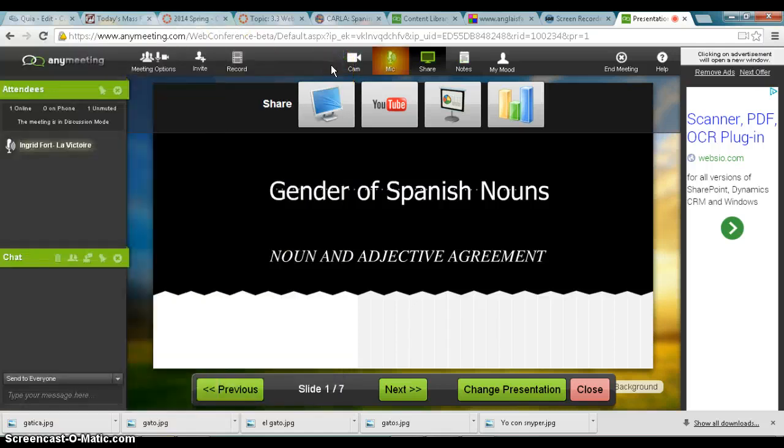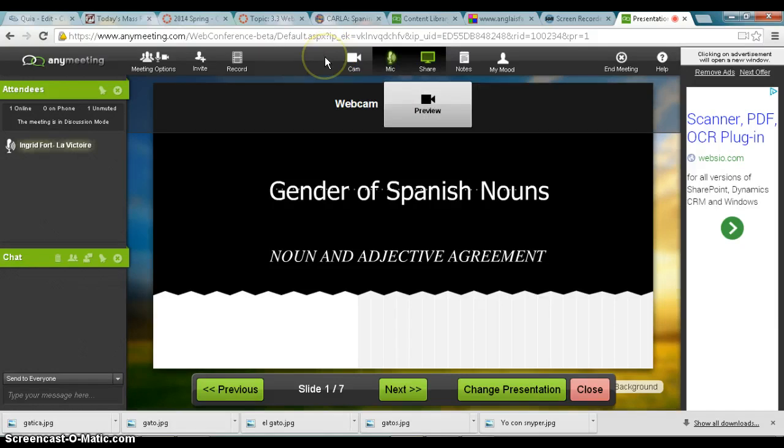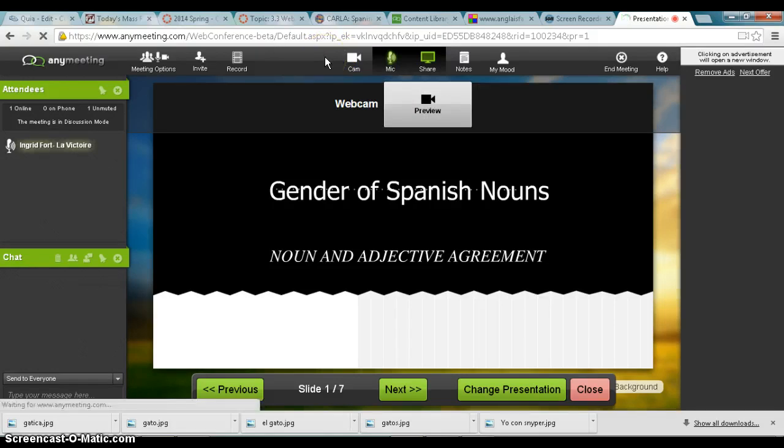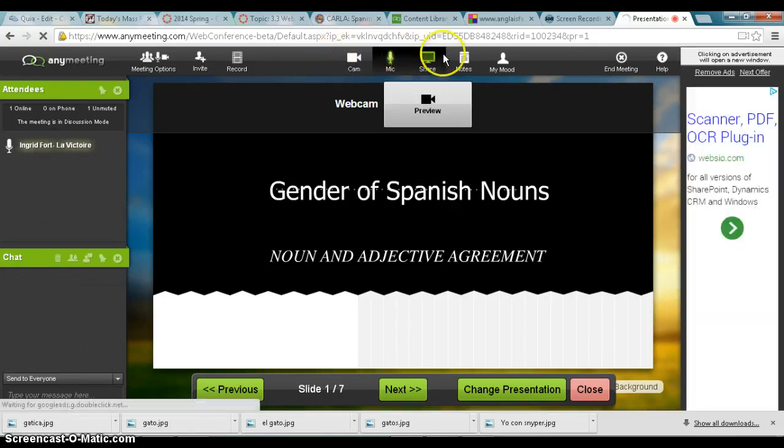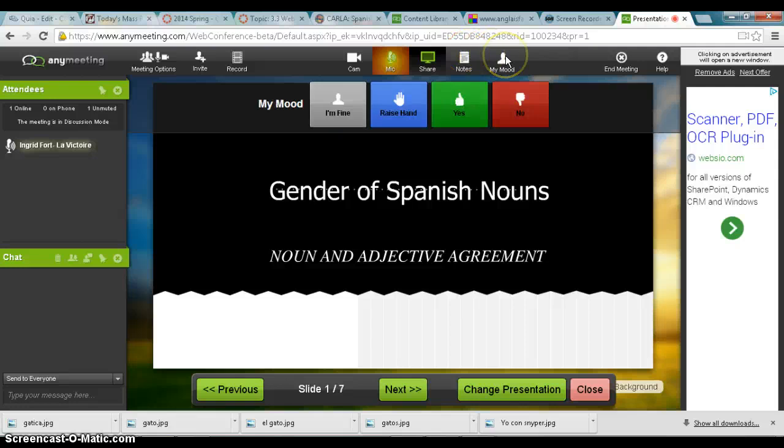Okay, so these are basically the features that we are going to use, so we can communicate. If you have any questions, you may raise your hand, as I said, and I can stop and explain with more examples to you.